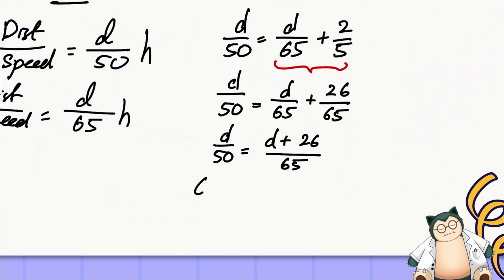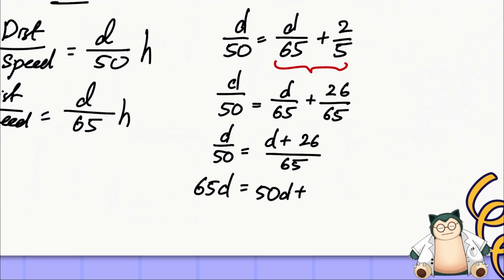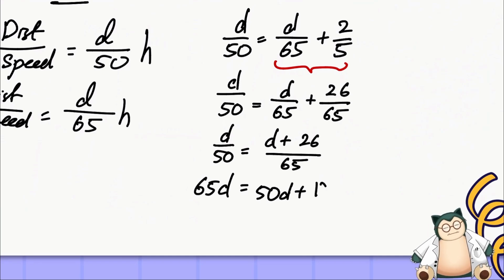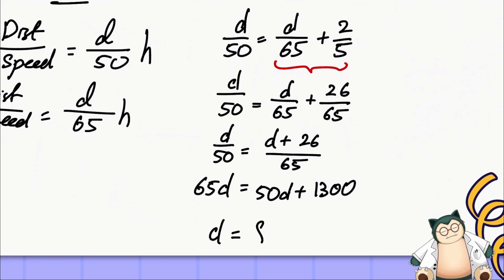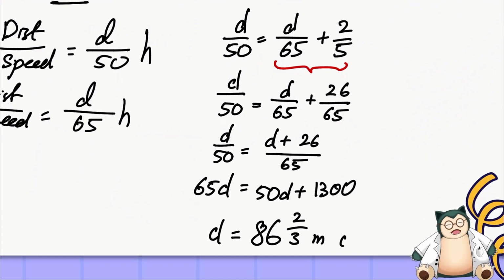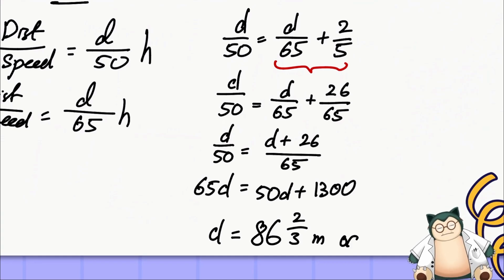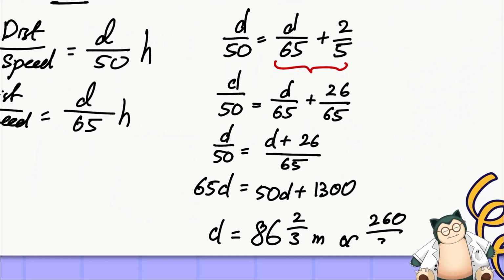Cross multiply, 65d equals to 50d plus 1300. And then if you just do a quick one, if you solve for d, you should get 86 2/3, or 260 over 3.